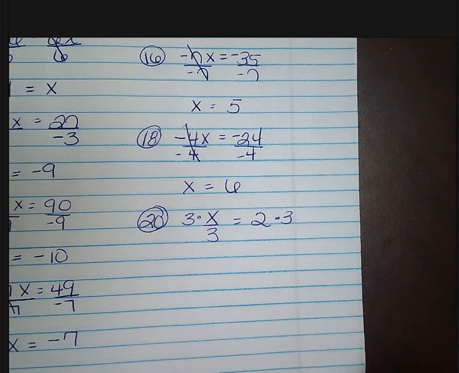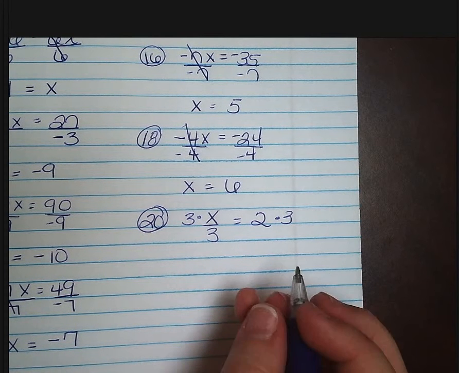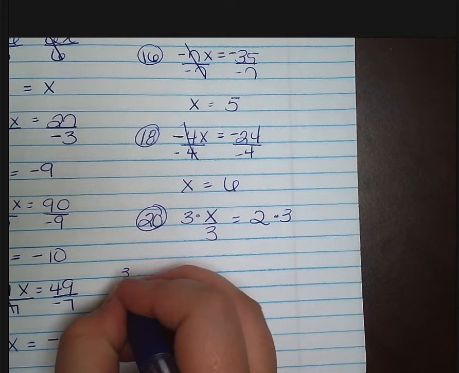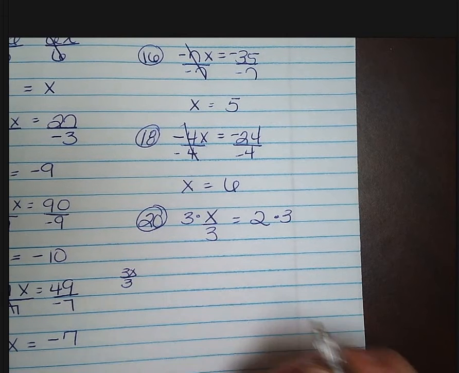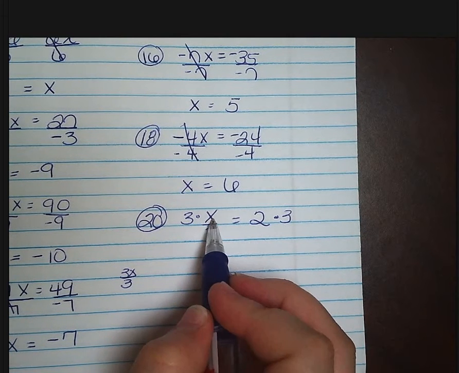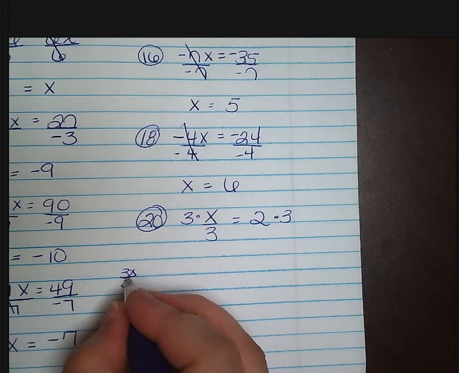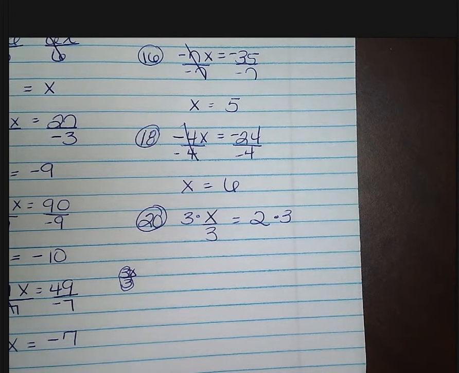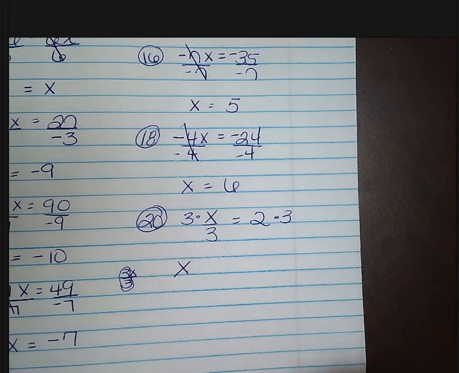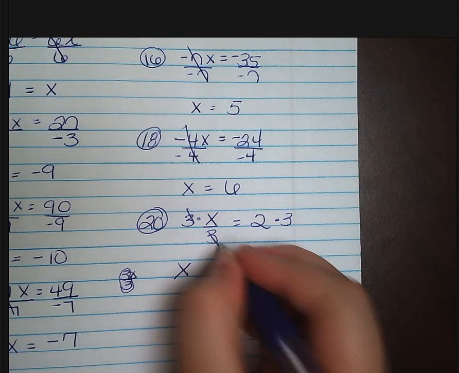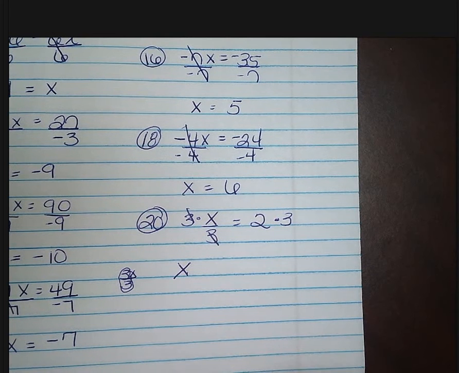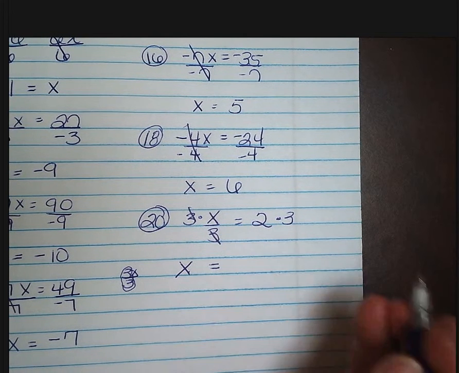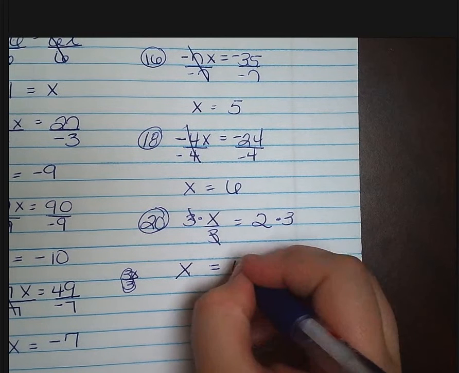Okay, so if we were to have 3x over 3, which is what we would have if we multiplied 3 times x, well, these 3's in front would simplify because 3 divided by 3 gives you 1, so you'd just be left with 1x. So that's how those two 3's there are going to cancel as well. So x equals 2 times 3 is 6.